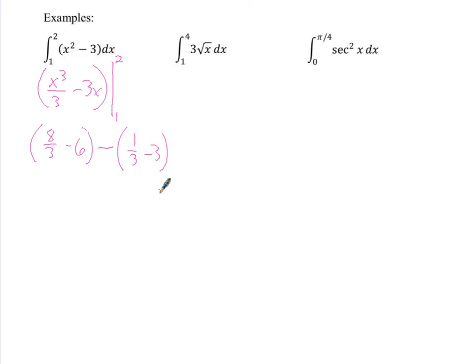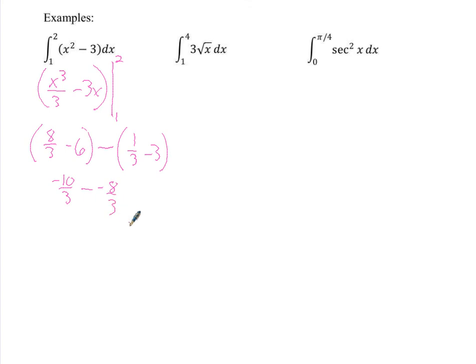And this is where the math becomes kind of tedious, but you still got to do it. So we have 8/3 minus 18/3 for a total of negative 10/3. Then minus, and this is 1/3 minus 3, so that's 1/3 minus 9/3, which is negative 8/3.